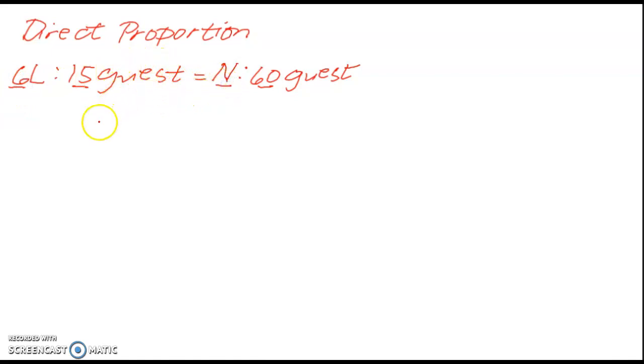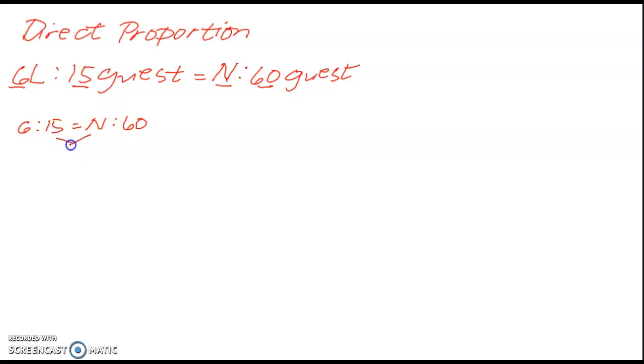So this is direct proportion. To write this in an equation, we'll remove the label here. We'll say 6 is to 15 equals n is to 60. So in the direct proportion, to know the unknown term, we have to multiply the means.